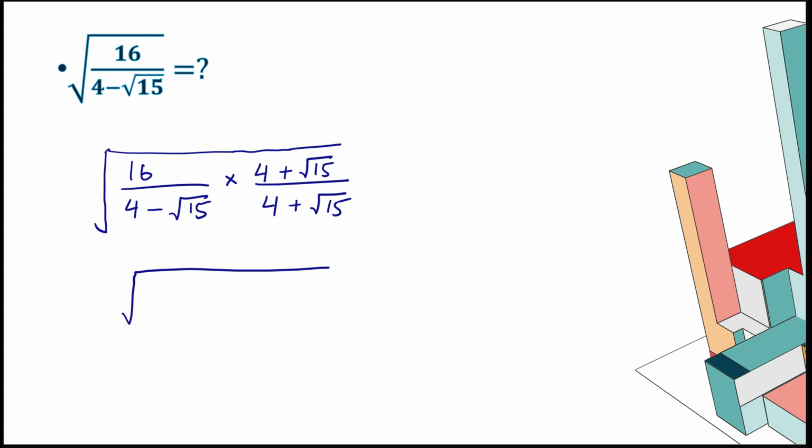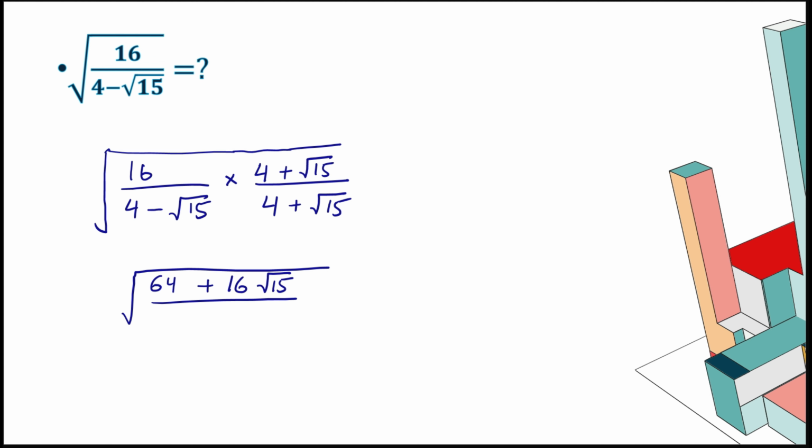So what will it do? You have to multiply 16 by 4 first, that will give you 64. Then 16 times plus square root of 15 will give you plus 16 square root of 15.